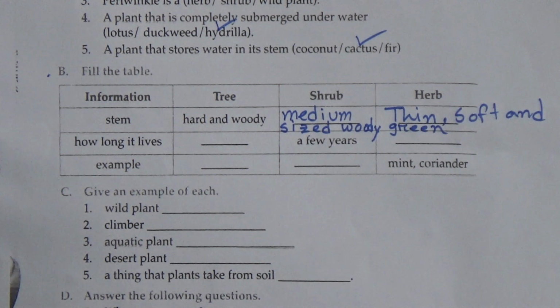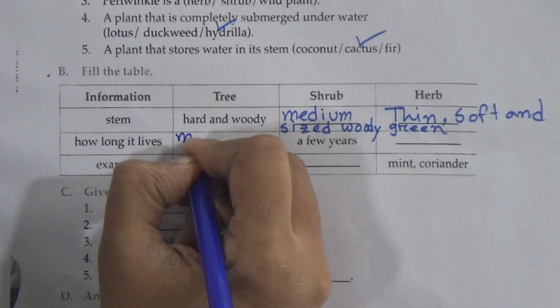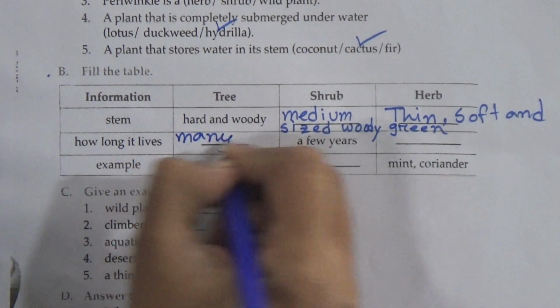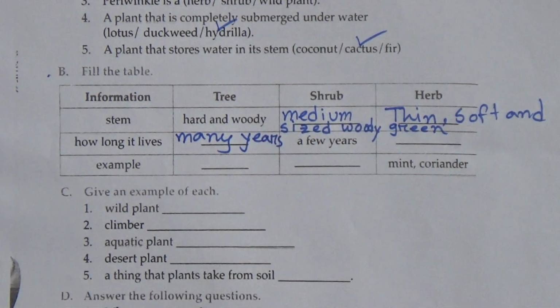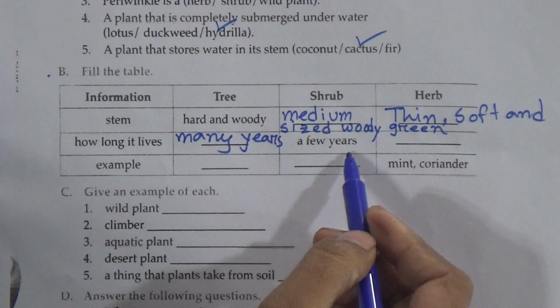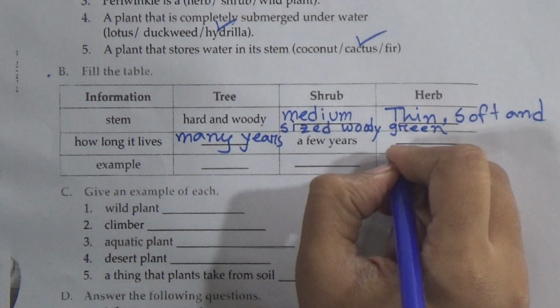Next one, how long it lives? For a tree it will be many years. Now about shrub, a few years, and about herb, it will be 3 to 4 months.